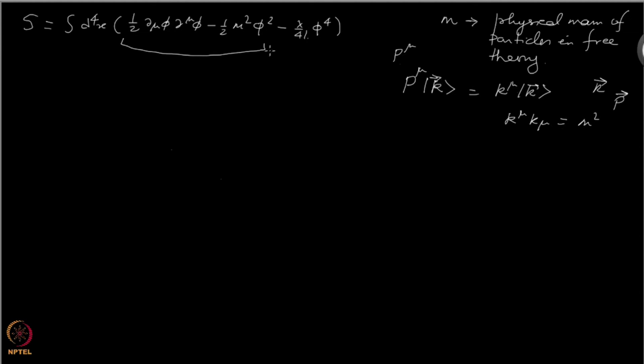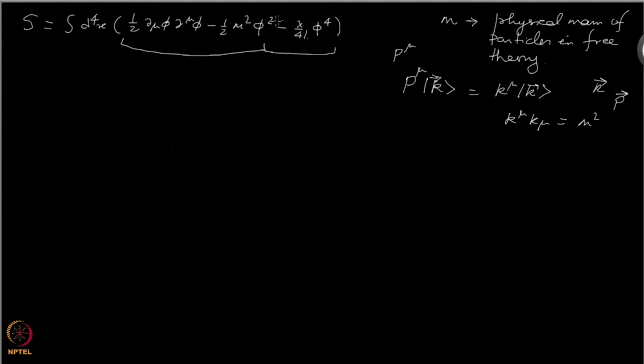Now, just having another term in here spoils this argument, so you cannot conclude that m is the mass of physical particles in this theory. You have to similarly construct states and find the dispersion relation, and only then can you say what the mass of the particles in that theory is.